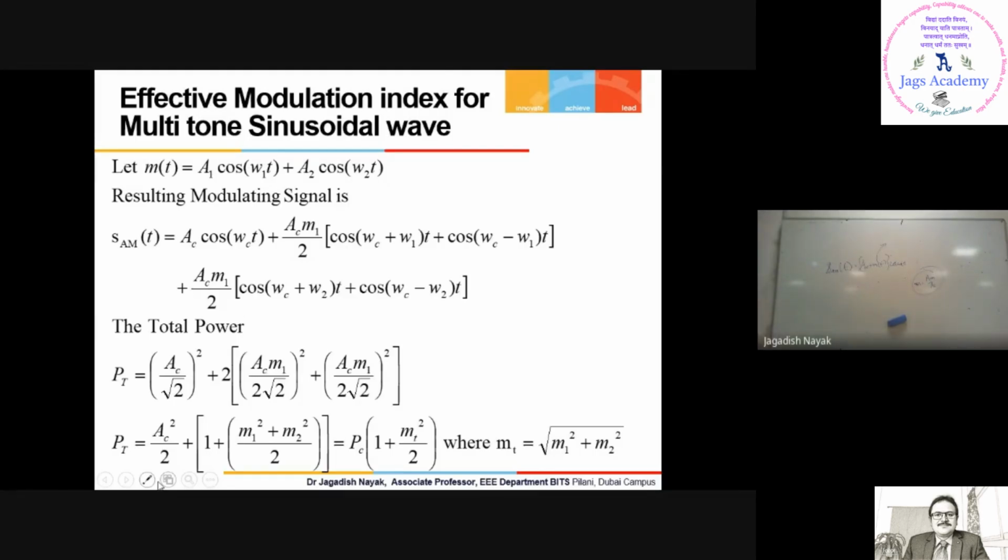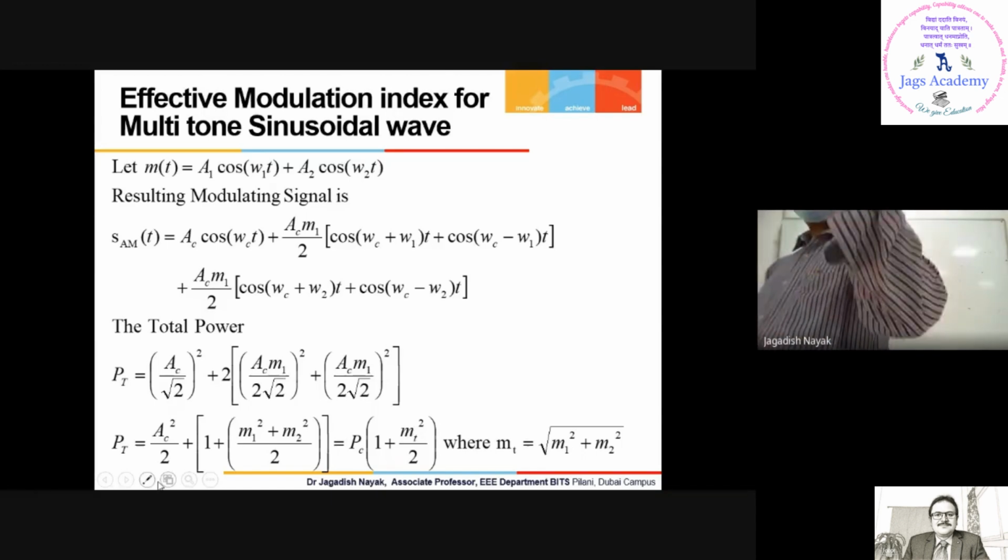How do you get this equation? From this, right? Now, can you write the power? You have the upper side band and lower side band, right? Now, can you plot the spectrum for this?